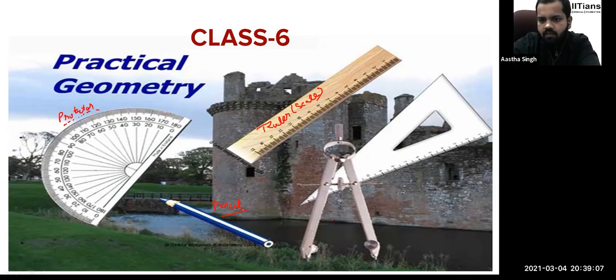This is basically your divider, and when a pencil is attached with the pointed end, it becomes a compass. This is a set square. So these are your tools which will be used for your geometry, for your construction.